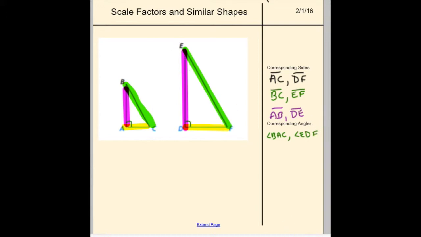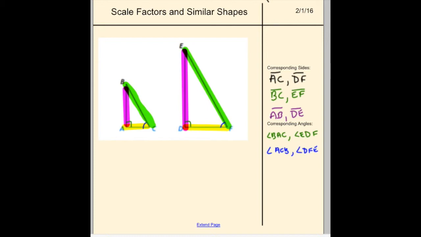And then let's take a look at another angle here. How about this angle at C, so angle ACB, and we'll mark that with just one arc. And so ACB corresponds to DFE. Angle ACB corresponds to angle DFE.